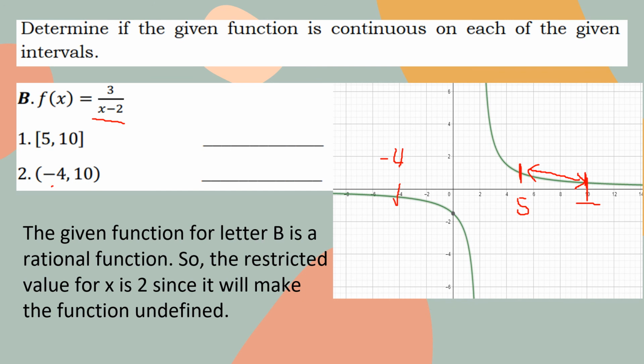In the given intervals, 2 belongs to the second one, -4 to 10, not to 5 to 10. So 2 makes the function undefined. Therefore, it is discontinuous on -4 to 10, and continuous on 5 to 10.